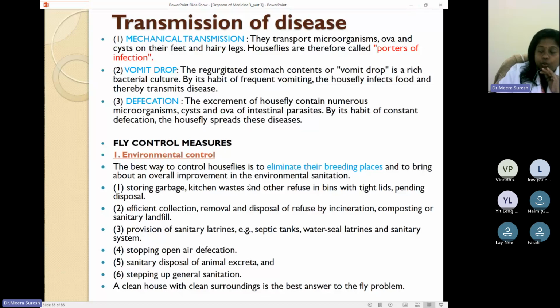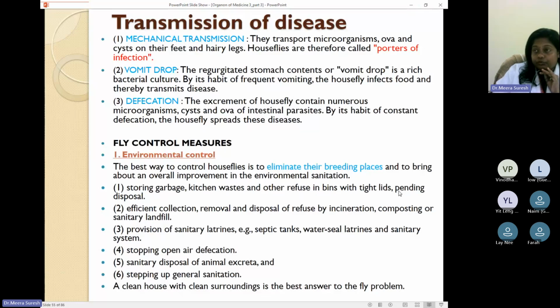So earlier we saw the main habitats: all the garbage, organic waste, fruits and vegetables that are decaying, the filth, feces, etc. So how to do that is storing garbage, kitchen waste and other refuse in bins with tight lids. Never keep it open, it should always be kept in bins, and that also with tight lids.